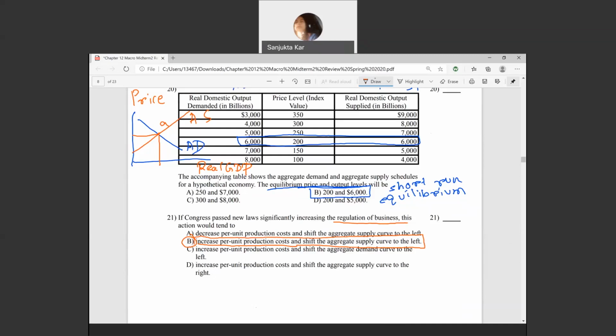Choice B is the answer, not choice A, because choice A is talking about a decrease in per unit production cost. Remember, more laws and regulations increase the per unit cost of production.